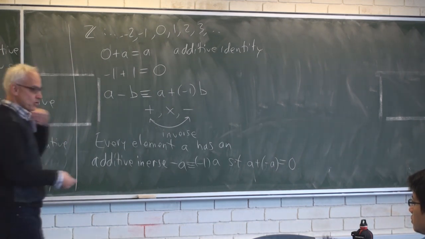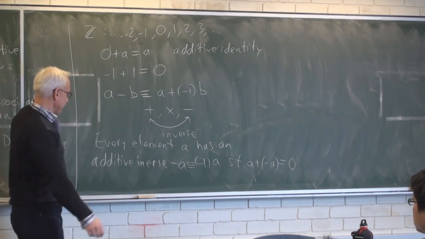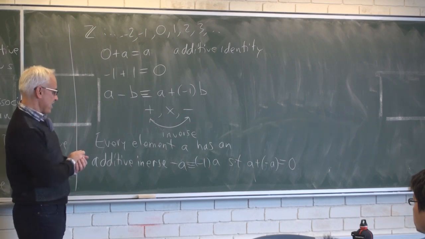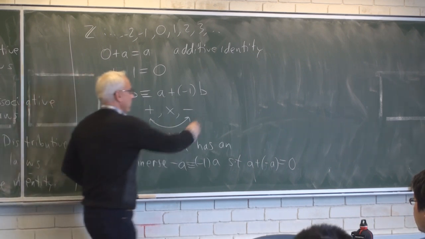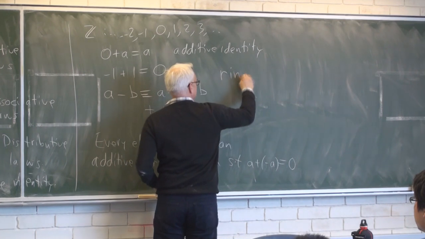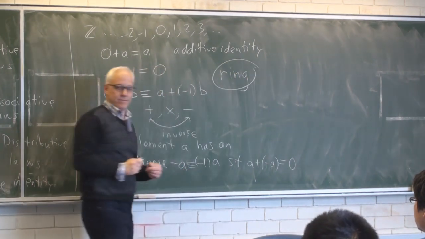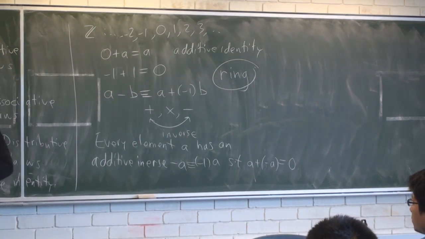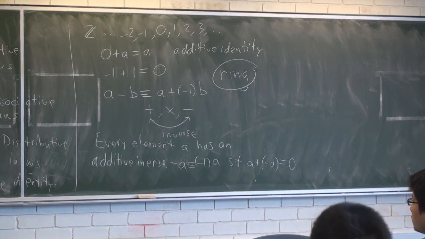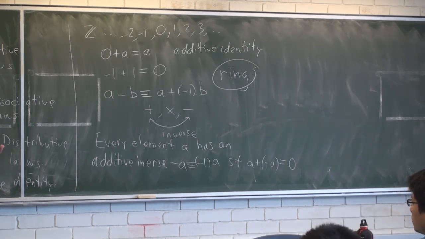So these are the integers. And this is a basic example of what we will be calling a ring. All right. So the integers are the most fundamental basic example of a ring.